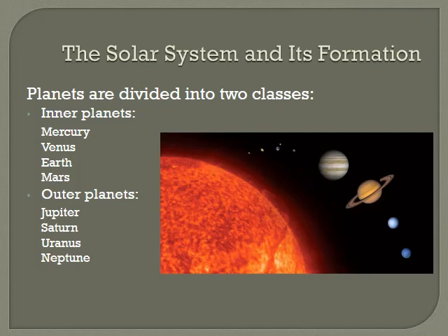There are 4 inner planets and 4 outer planets, and I do recommend that you memorize the order of the planets, know their names, and know the order in which they appear, closest to farthest from the sun. In this diagram, the planets are pictured essentially at scale size, obviously not scale distance from the sun, but their sizes are roughly on scale in comparison to the sun.